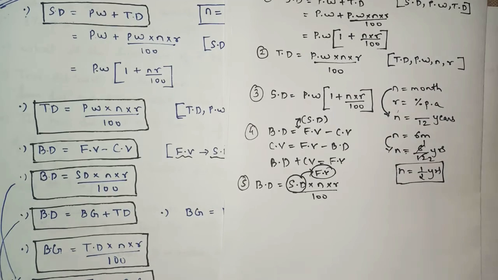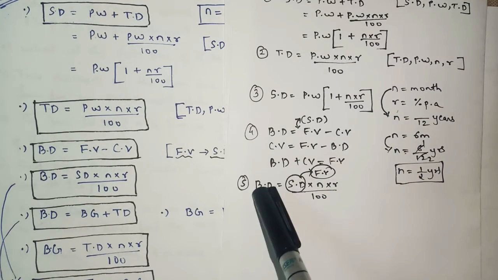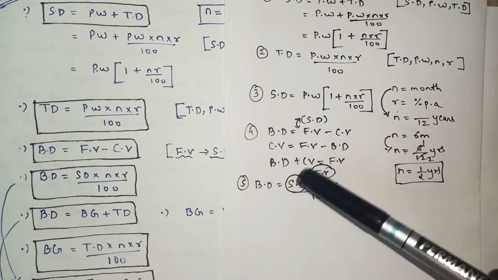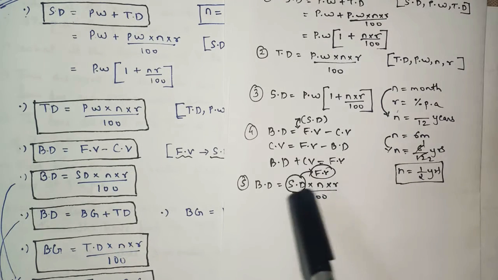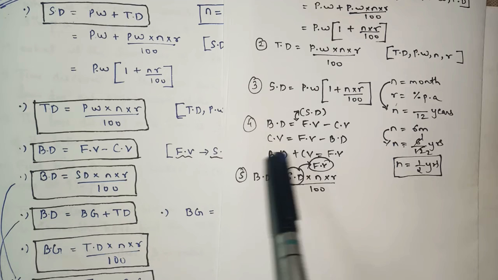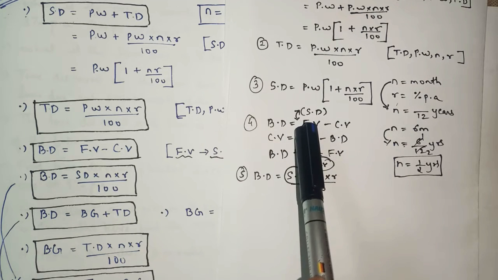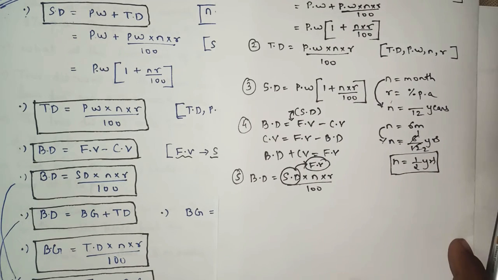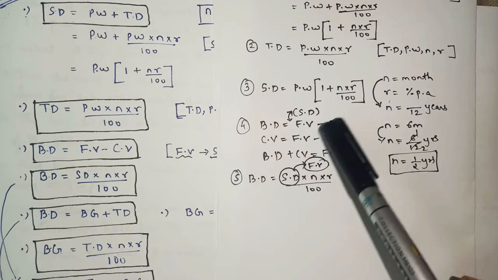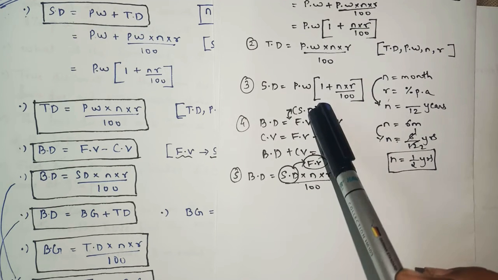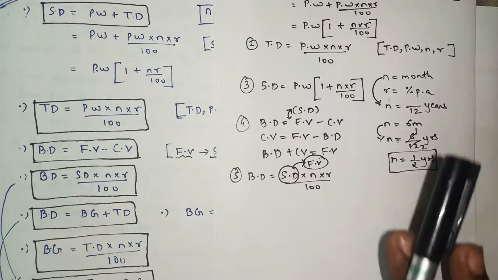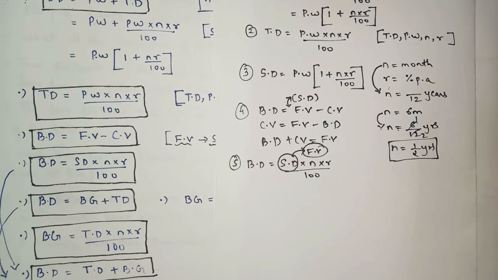So here we have two formulas for BD. You must know which formula to apply when. Common sense: whenever you have N and R, you will apply this formula. Whenever you have FV and CV, you will apply the first one. Remember, in place of FV we can write SD, or in place of SD we can write FV. So this was the fifth formula.